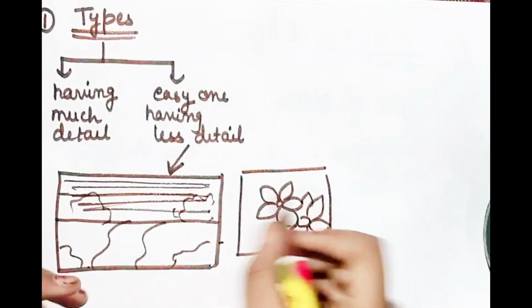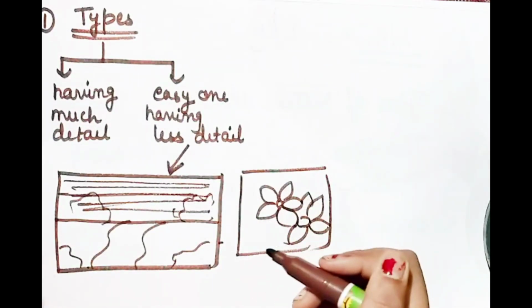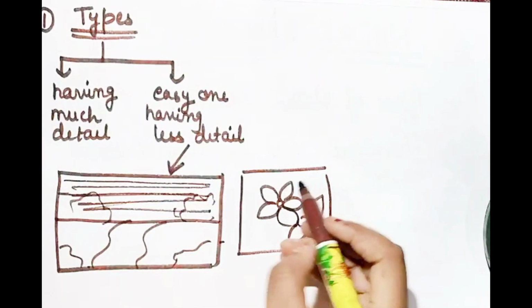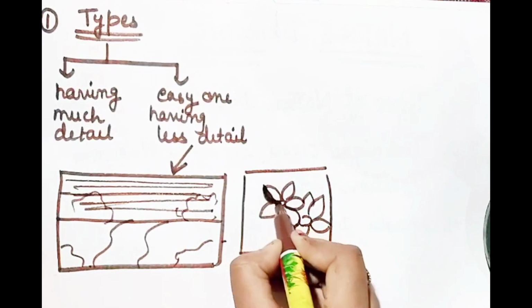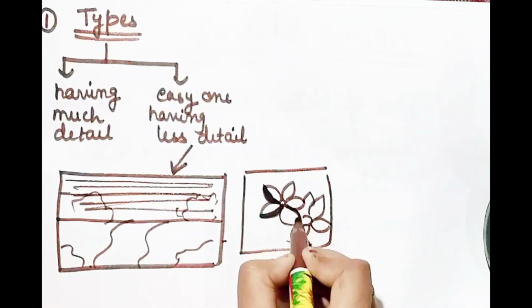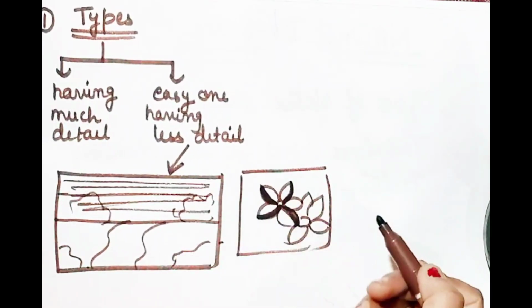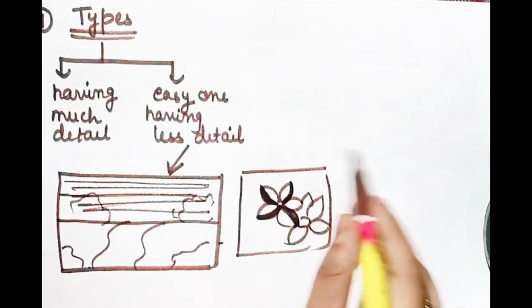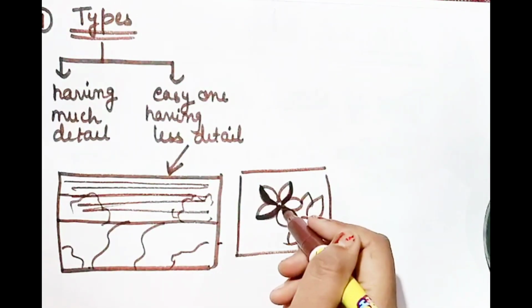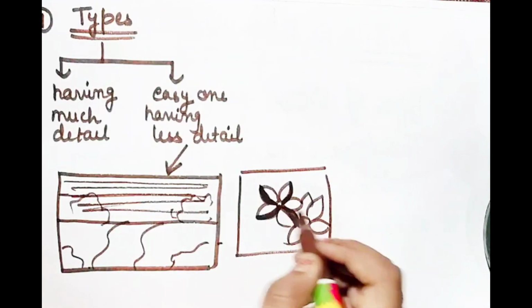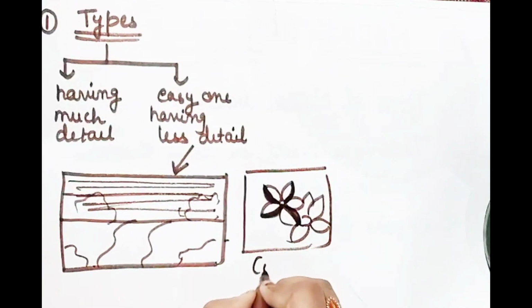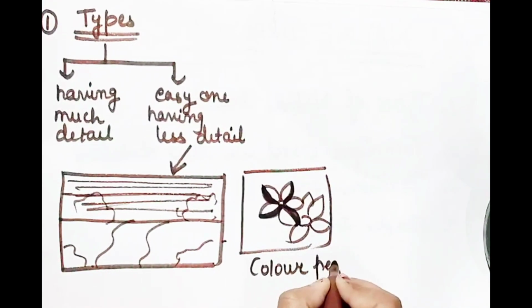Now the second is, if you are going to make any flowers or any plant, you have to be specific about all those things. Here I am doing some shades or just darkening some areas to show you how you can add more detail to the small pictures.